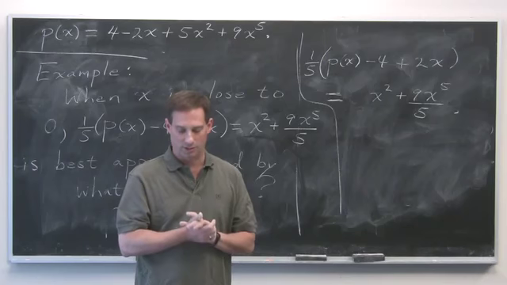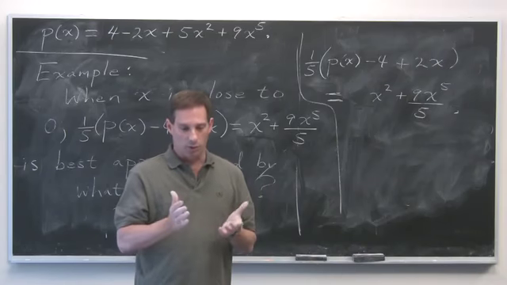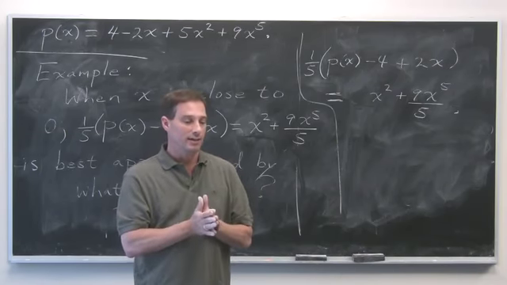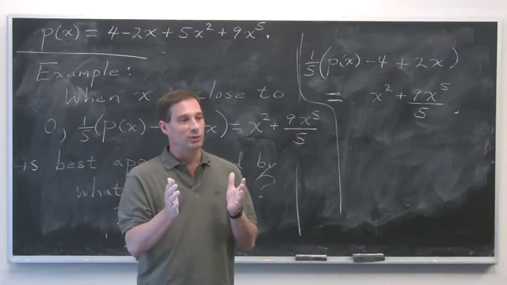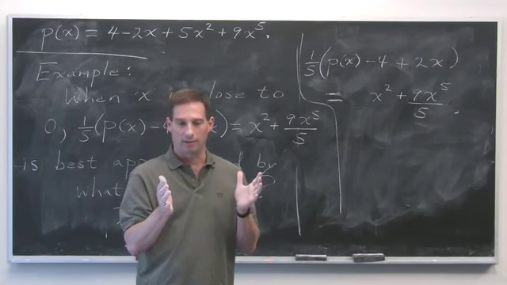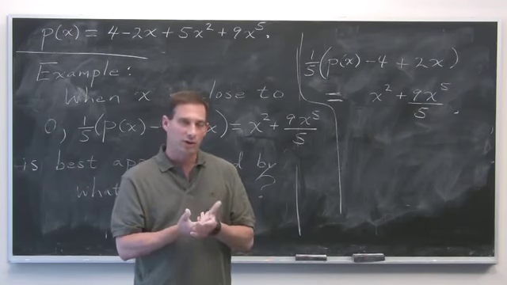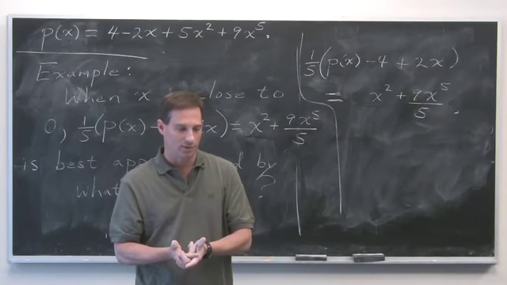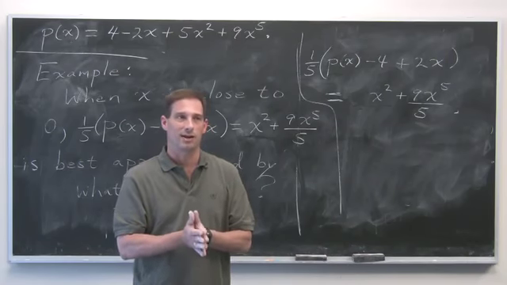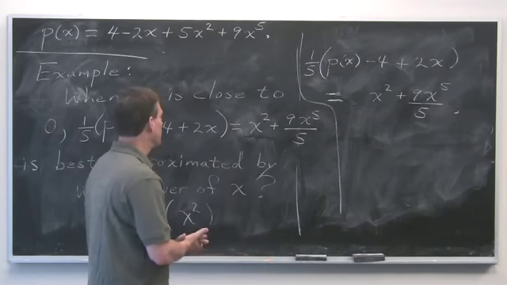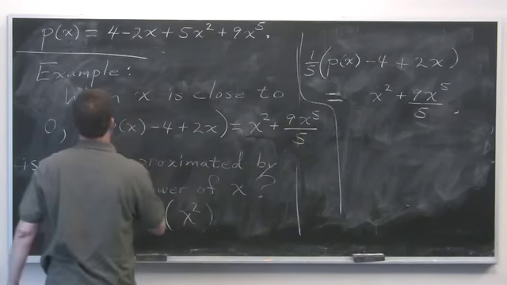We also know that if you've got the polynomial given to you in powers of x minus a, then you can use the first few terms of that to approximate the polynomial when x is close to a. But what if you're given a polynomial in powers of x, or something else, and you want to approximate it near x equals something other than 0? For instance, suppose we had this polynomial right here.